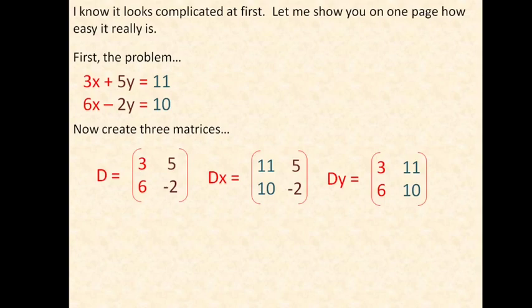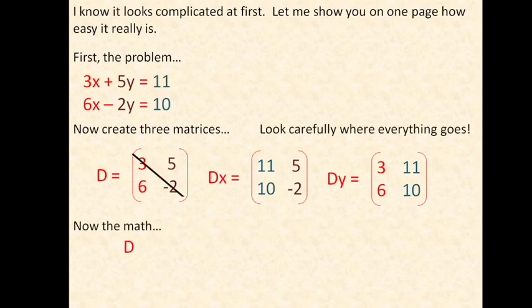Now for D, same procedure, cross multiply. 3 and minus 2 will multiply together, 5 and 6 will multiply together. When you simplify this, you will get minus 36. Now it's time to find the value of dx.